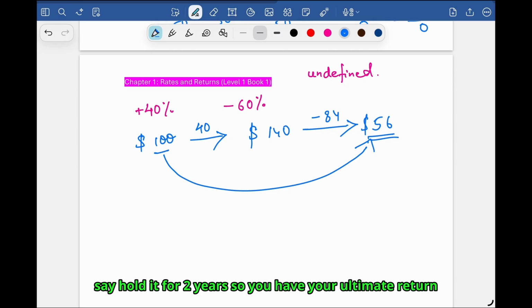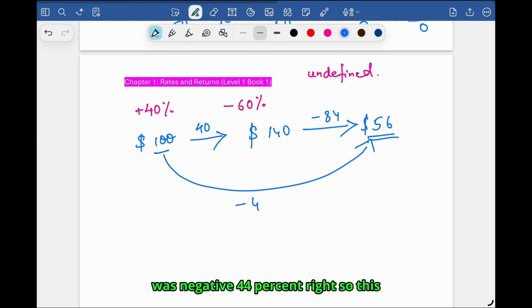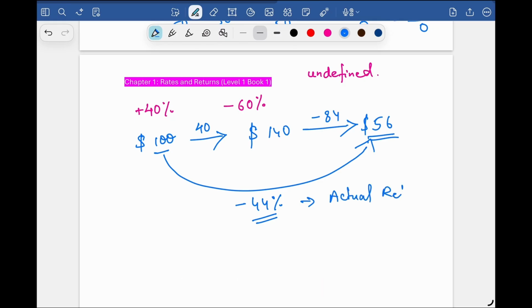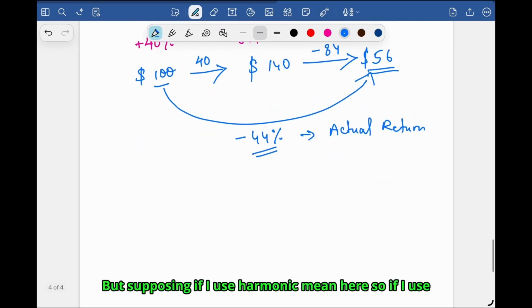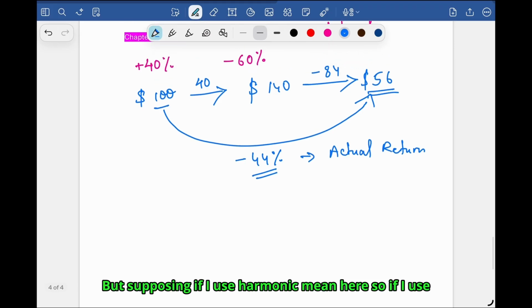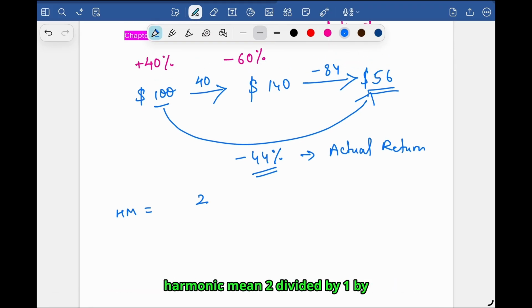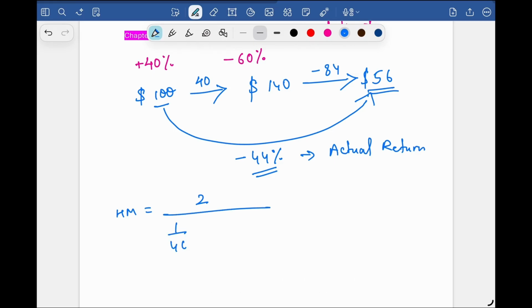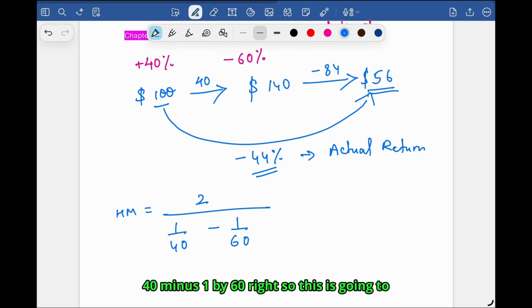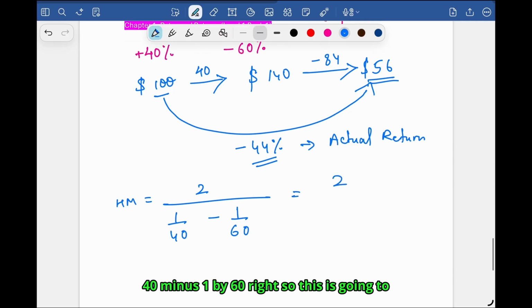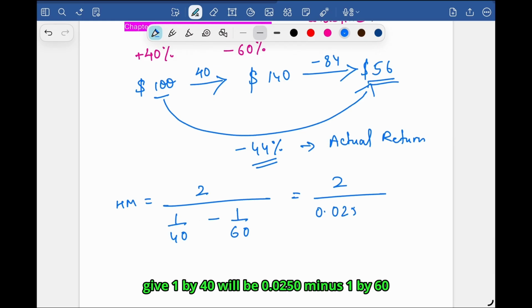So your ultimate return was negative 44%, right? So this is the actual return. But suppose I use harmonic mean here: 2 divided by 1 by 40 minus 1 by 60, right? 1 by 40 will be 0.0250, minus 1 by 60.